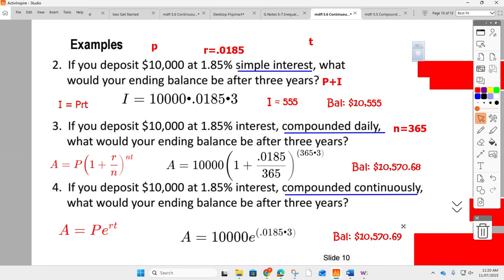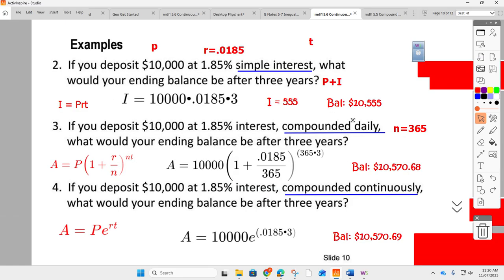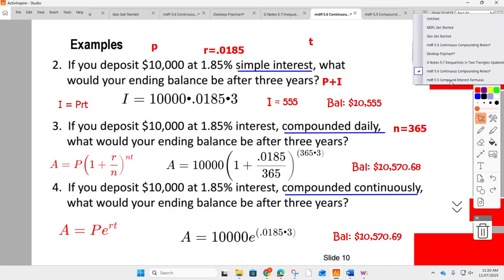Same principal, same interest rate, a different way of computing the interest. So how much more did the account compounded daily earn than the simple interest? How do you know? How much more? "How much more" just means to do what?